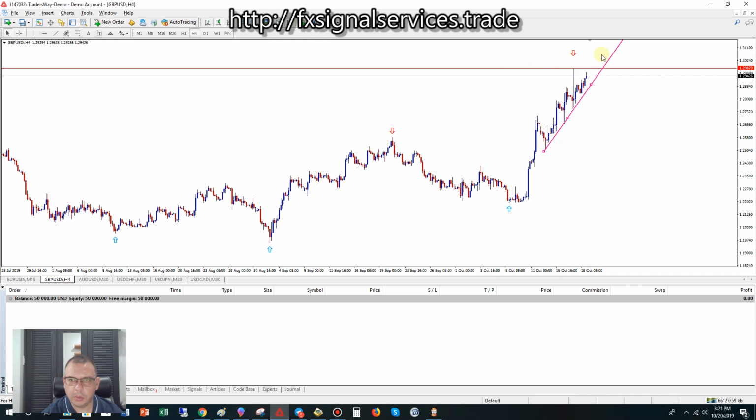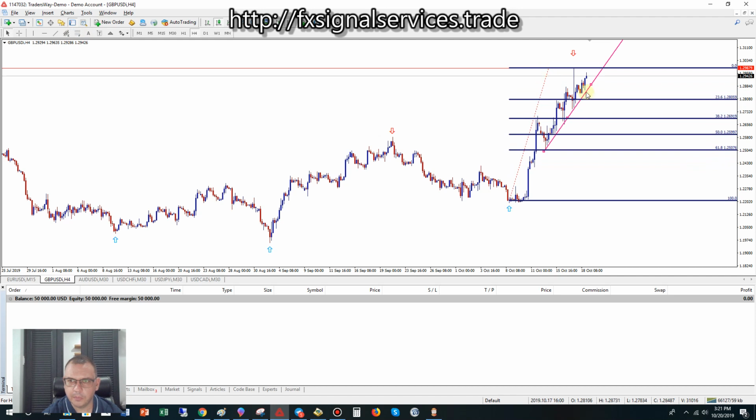I would probably put a buy stop pending order above here, and then just use a Fibonacci, draw from this down arrow up to this arrow, and put a sell stop pending order a little bit below the 23.6 level, and a take profit a little bit above this 38.2 level, okay?